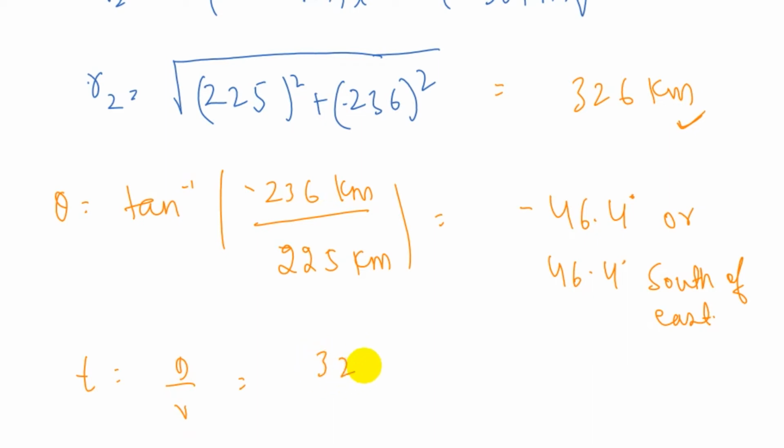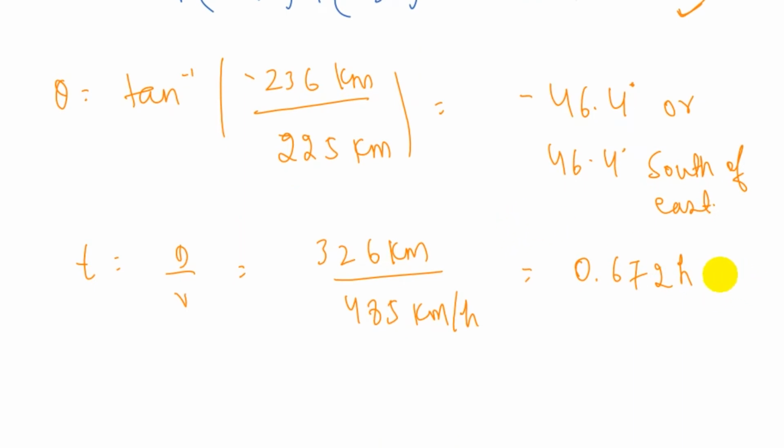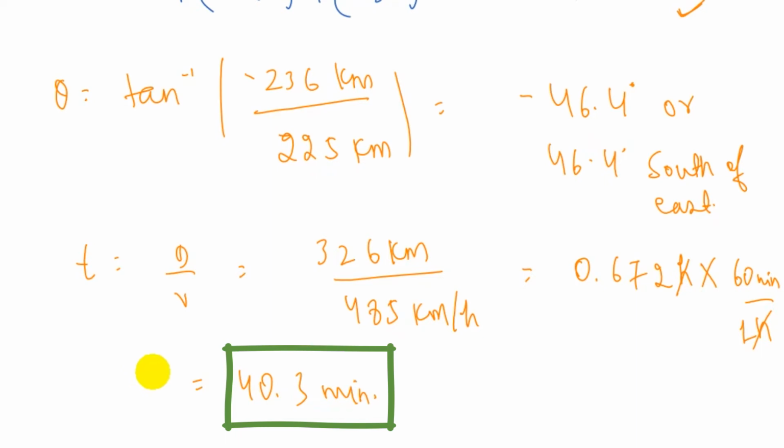Distance we have 326 kilometer, and average speed we can take to be 485 kilometer per hour. So this comes out to be nearly 0.672 hour. Now if you convert it into minutes, we have to multiply it with 60, because 60 minutes is equivalent to 1 hour. This hour and hour will cancel and we'll get the answer in minutes, which would be nearly 40.3 minutes. So this much time you'll require to reach your destination. So this would be the answer for the C part.